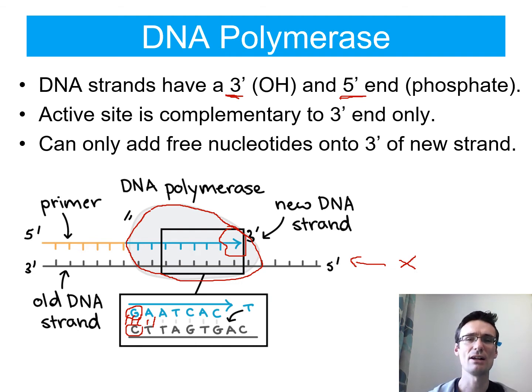So the DNA strand will only grow in the direction of the 3'. So the DNA polymerase is moving down towards the 3' end of the new strand. And obviously, as I said before, it's controlling the reaction, doing condensation reactions, adding phosphodiester or ester bonds between the nucleotides.